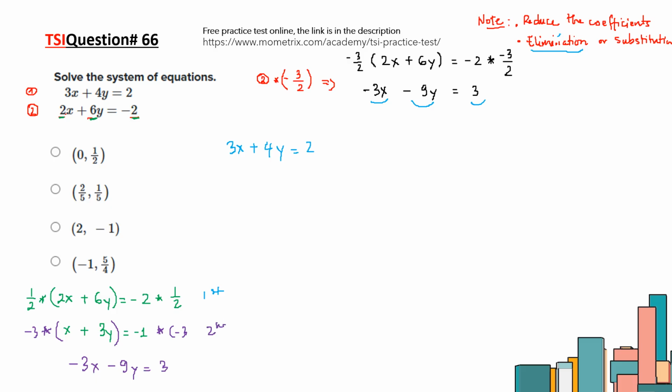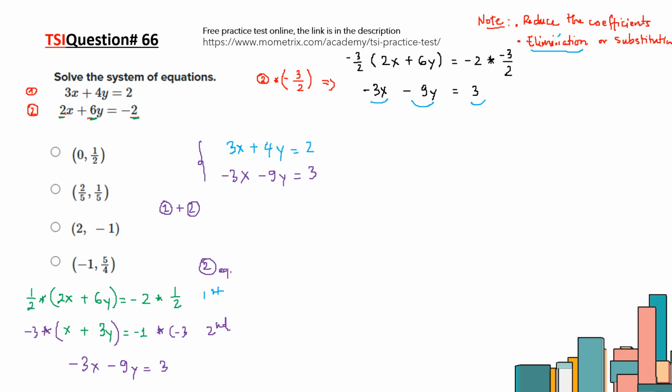This is the second step for the second equation. This is our system right now. Now we add equation 1 to equation 2.